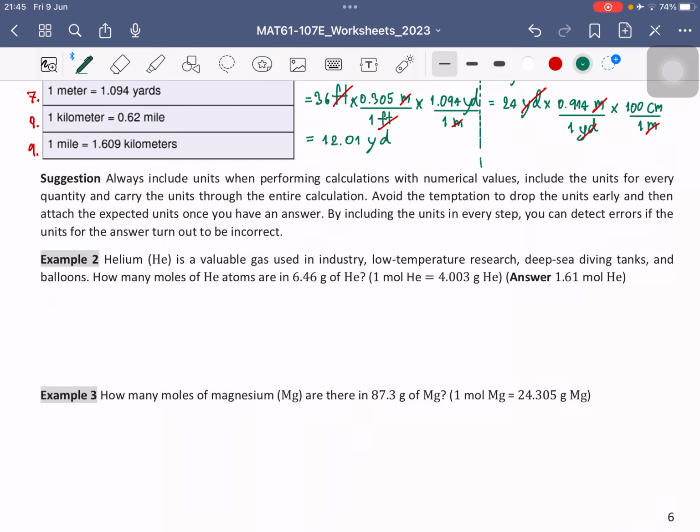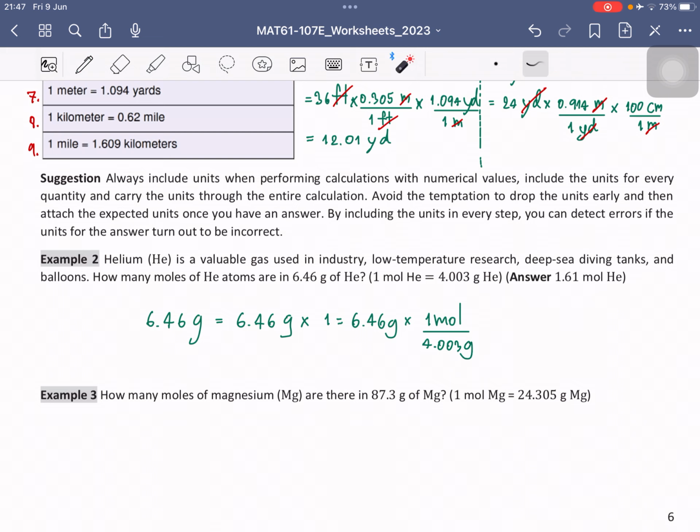So we times 1 mole of helium divided by 4.003 gram of helium.